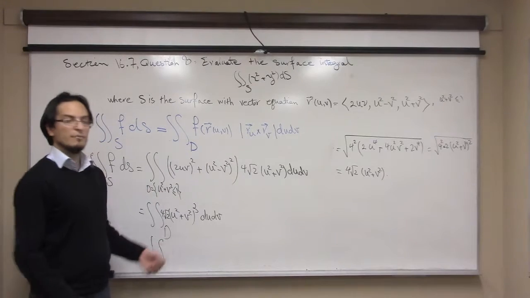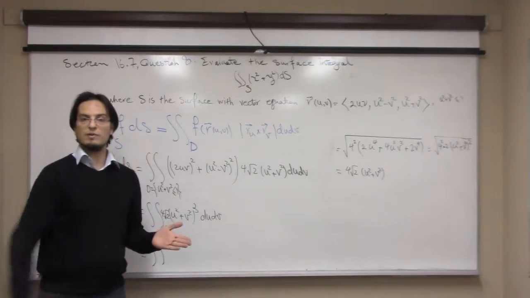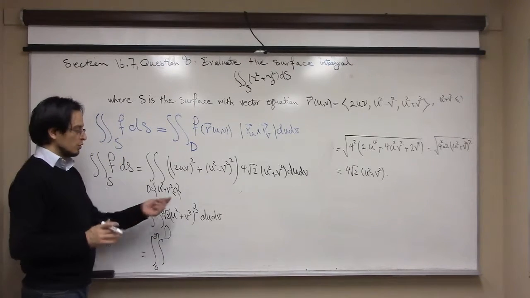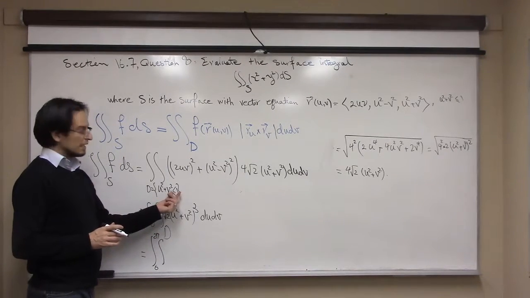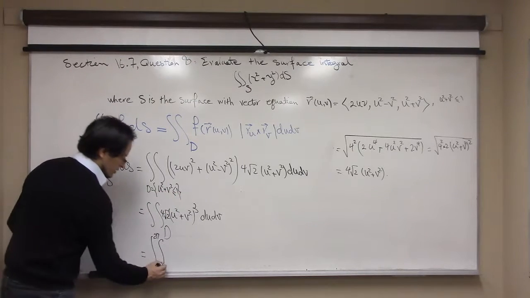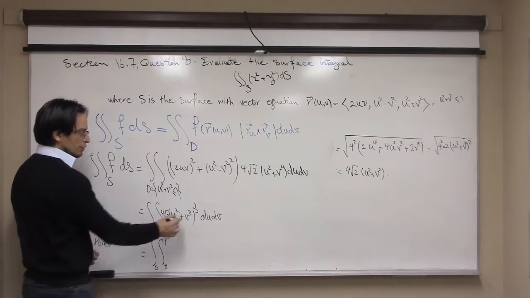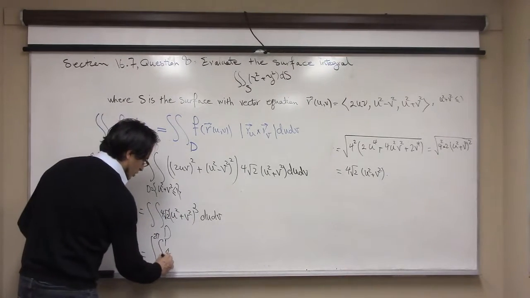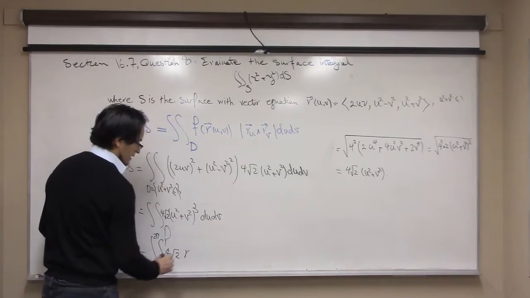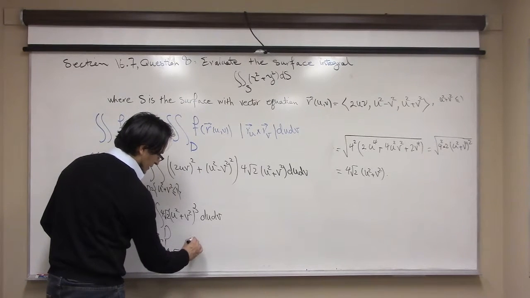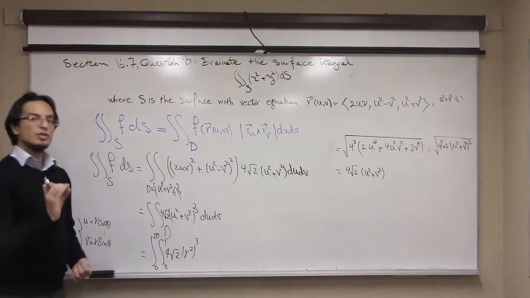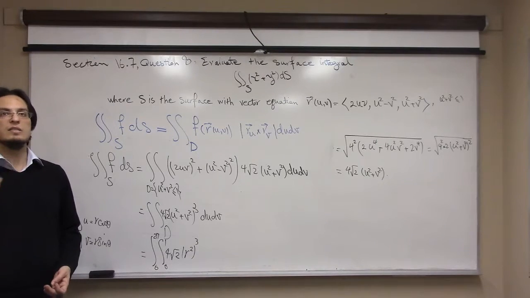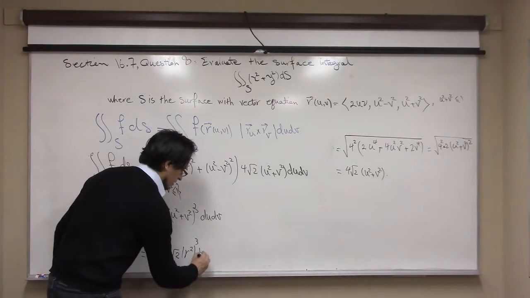And this region in polar coordinates, theta goes from 0 to 2 pi. And r goes the length of the radius of the disk, which is 1, so it goes from 0 to 1. u squared plus v squared is equal to r squared. So I have 4 root 2 times r squared to the power 3. And du dv, you remember in polar coordinates, dx dy is r dr d theta. You have the same thing here.